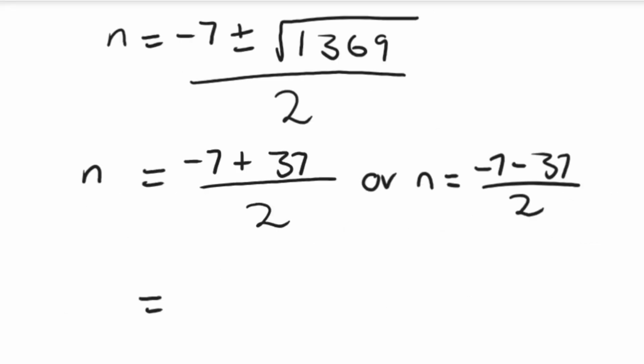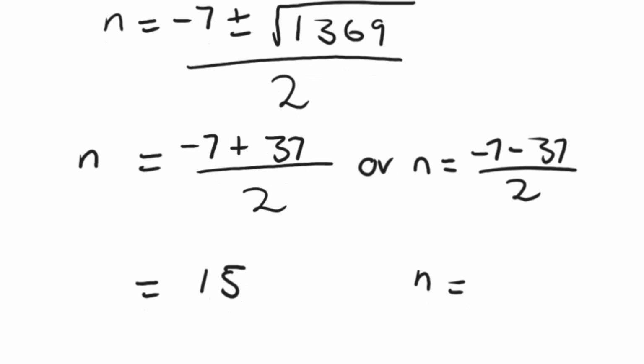So we have here minus 7 plus 37. You get positive 30 divided by 2, you get 15. So we write 15 here. And then our other n, this one we cannot take, it's negative. We have negative 37 minus 7, that is minus 44.